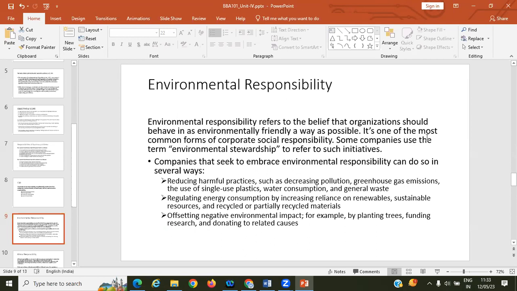It is one of the most common forms of corporate social responsibility. So mostly organizations think quickly about the environment. This is a very common form. Some companies use the term environmental stewardship to refer to such initiatives.